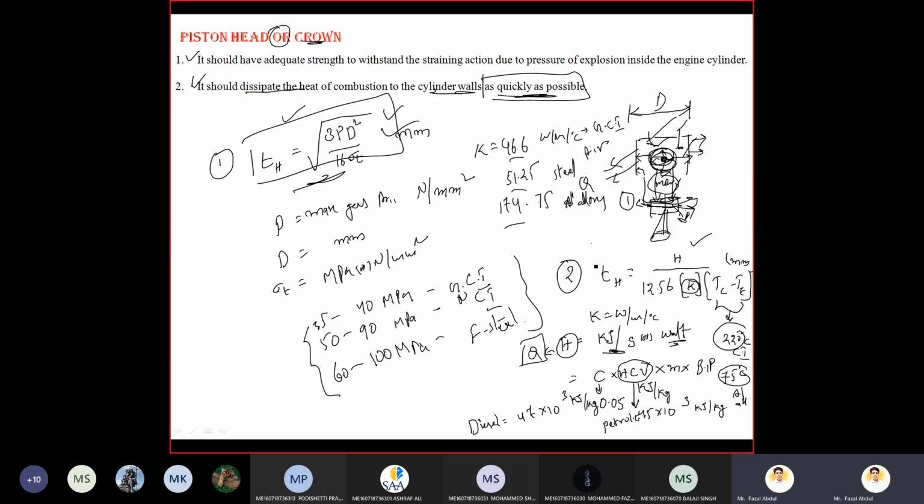If the larger value comes from the second equation, the second answer we have to select. So you have to write that comment: the larger value is from the second equation, so hence the thickness of the piston crown is some XYZ mm.